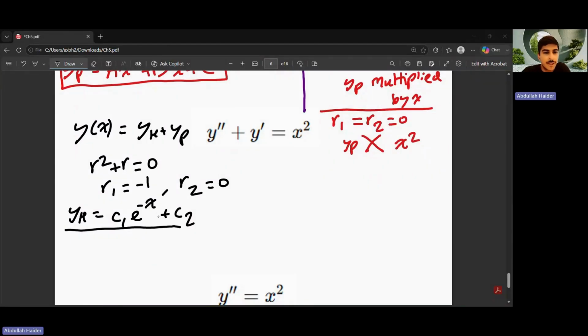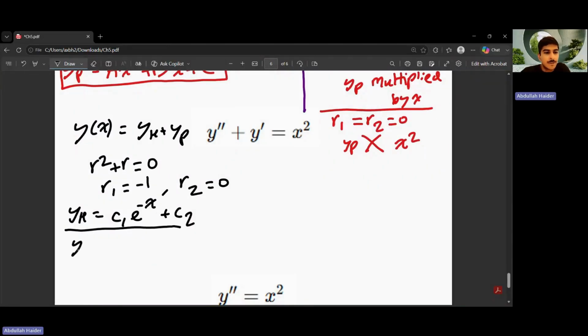So this is our yh, and as I said, your yp is going to be the highest degree polynomial expression of f of x here. So we have x squared, which we can write as ax squared plus bx plus c. Now, we check our r1 and r2.